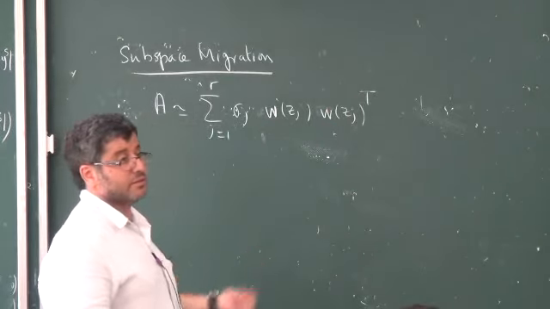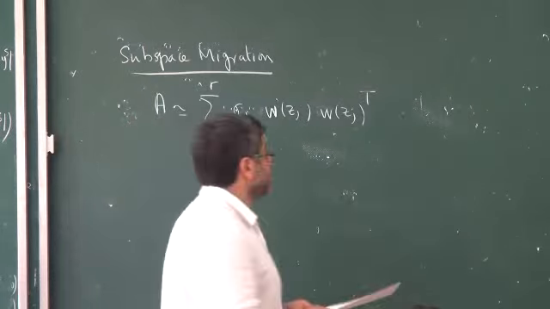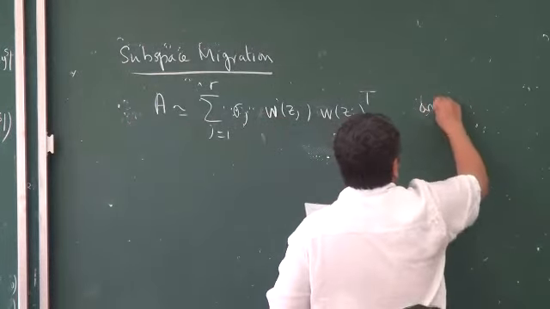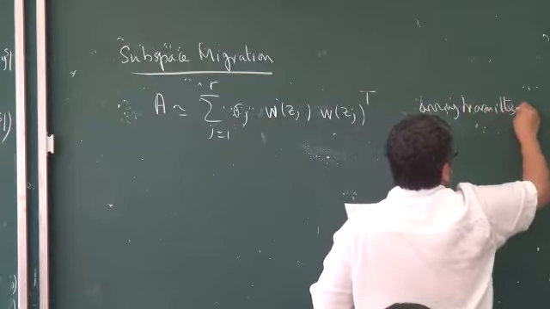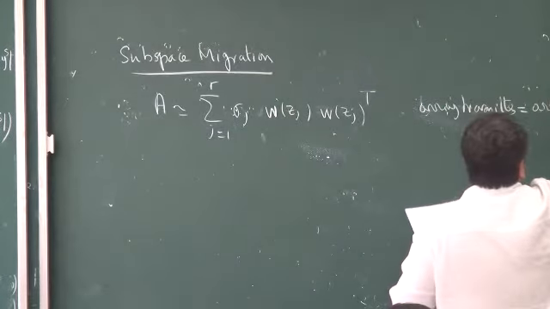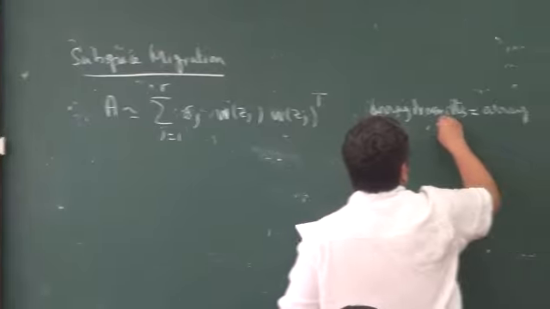This is A, in the particular case when the array of transmitters is the same as the array of receivers, when the two arrays are coincident.